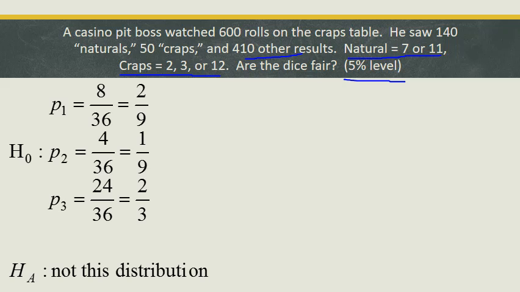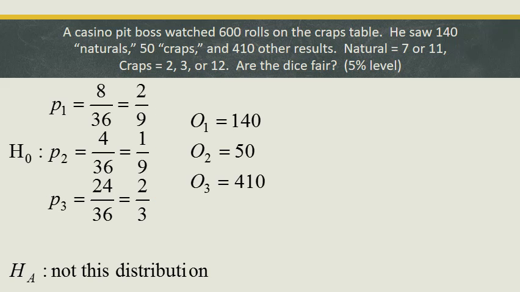You surely studied probabilities for fair dice in IntroStat, so you should be able to calculate the probability of a natural is 2/9. The probability of craps is 1/9. And the probability of all other outcomes is 2/3. The observed values were given in the question, and here they are.